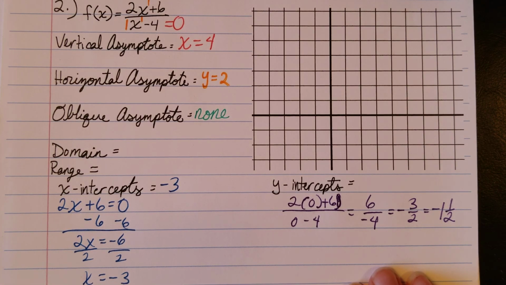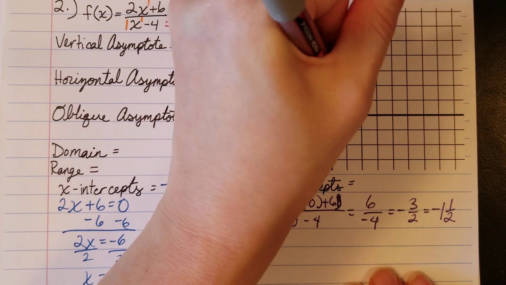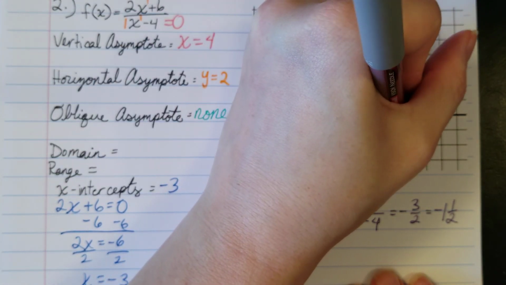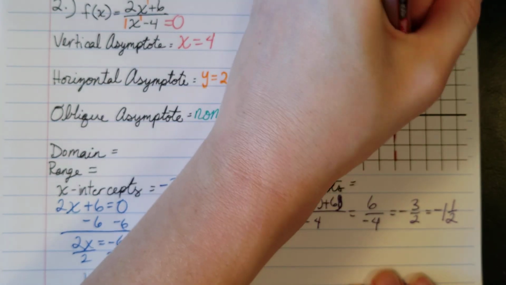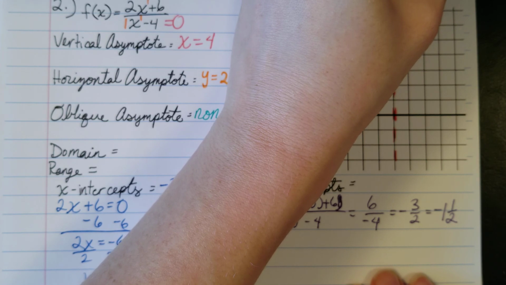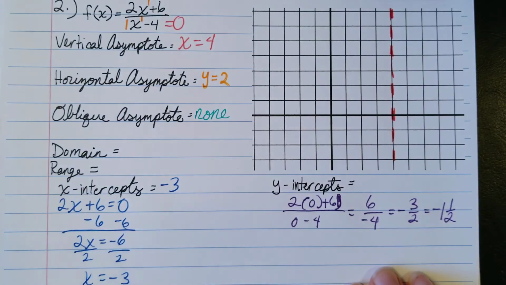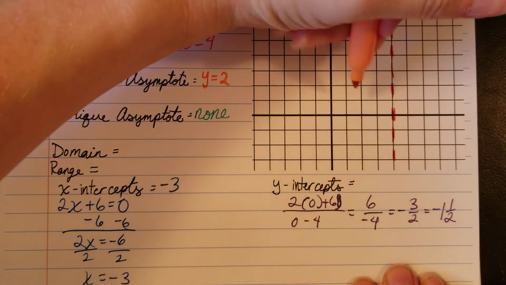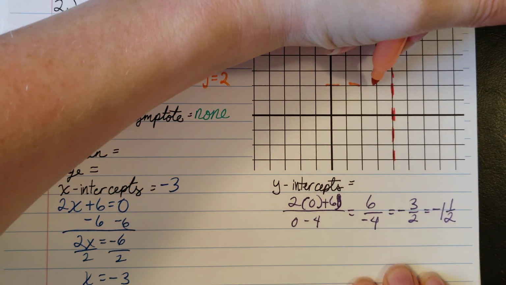All right, and then we'll just start putting all that on the graph. So vertical asymptote at 4. And then horizontal asymptote at 2. Let me try this. Oh yeah, that looks good.